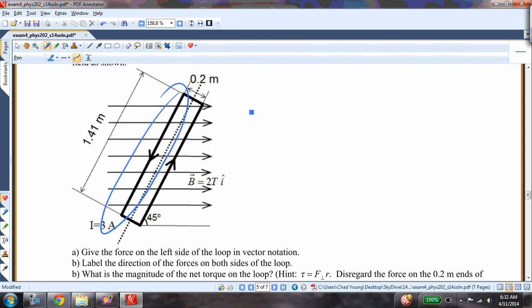First, let's just express L in vector notation. Let's see here. I'm going to draw this as a triangle. This is 1.41 meters. This is 45 degrees. So this side is going to be 1.41 cosine of 45. And this is 1.41 sine of 45.